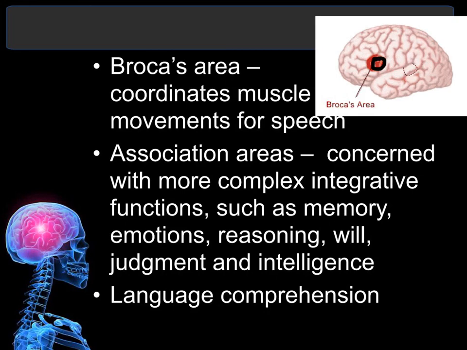And then the association area, there is not a concrete area, but portions of the frontal lobe are association area, which is concerned with cognitive function, critical thinking kind of function. It stores memory, a lot of emotions, reasoning, making judgment, and your intelligence, and being able to recognize language is all part of the frontal lobe.